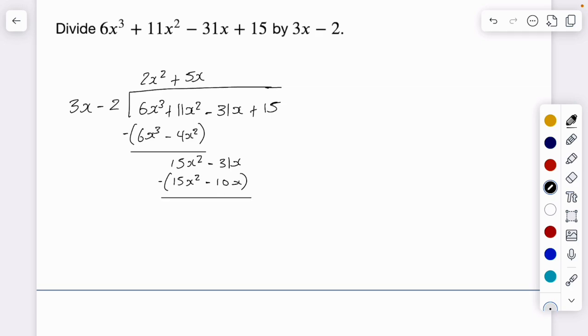We do 15x squared minus 15x squared, 0. Negative 31x plus 10x, that's negative 21x. Remember the 15 is still technically there, but there's no point writing it down for simplicity's sake.